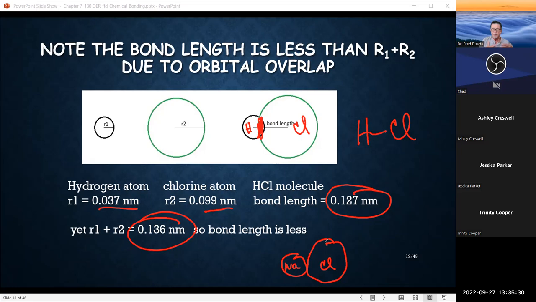Okay, and there's a difference between an ionic bond versus a covalent bond. A covalent bond results in bond sharing and overlapping of that electron.